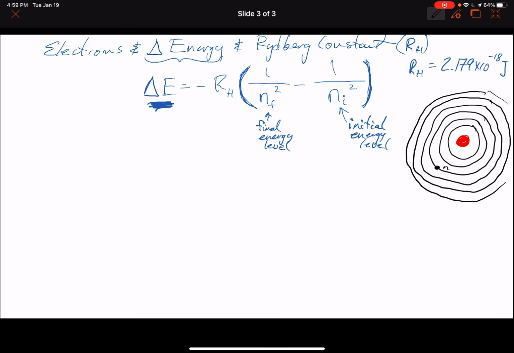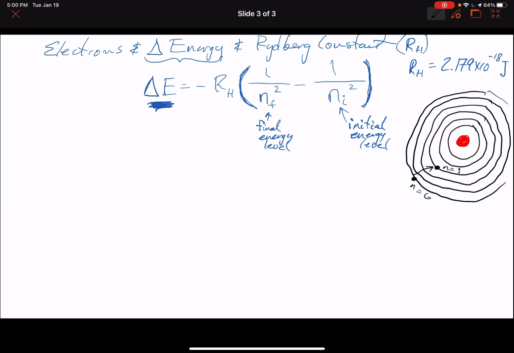Okay, so that's n equals 3. And we'll show that it started at n equals 6. Okay, so it's going to spontaneously drop to a lower energy level. So n equals 6 is the initial, and n equals 3 is the final.